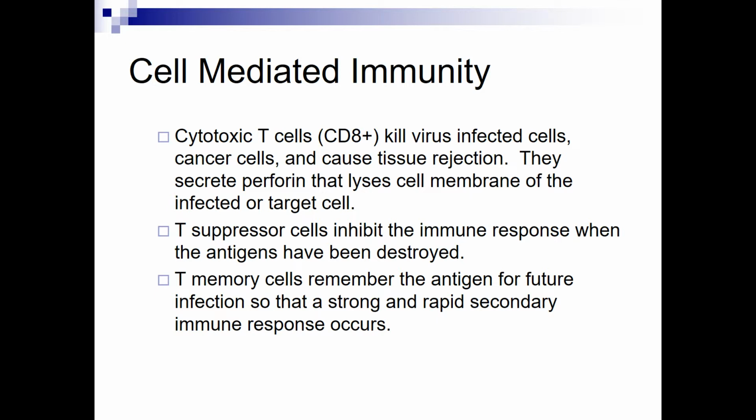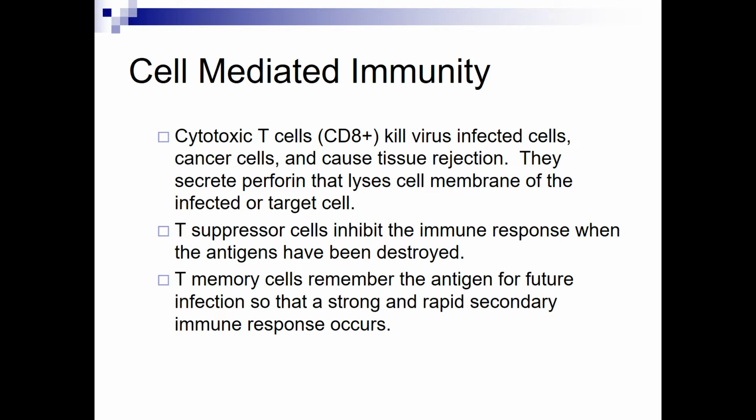Okay, then cytotoxic T cells will kill 3 groups of cells: virus-infected cells, cancer cells, and tissue transplants. They will secrete a chemical called perforin that will lyse the cell membrane. They'll inject another protein called granzymes that will come in and turn on the apoptosis genes in the infected body cell. T regulatory cells or suppressor cells will inhibit the immune response when the antigens have been destroyed.